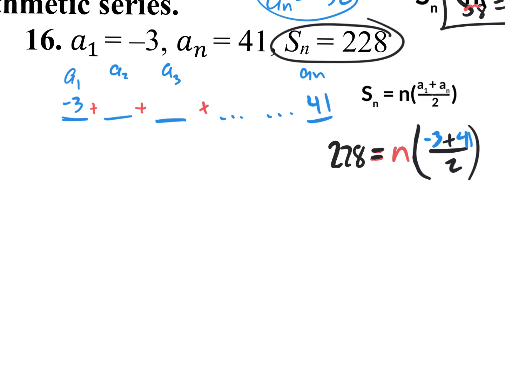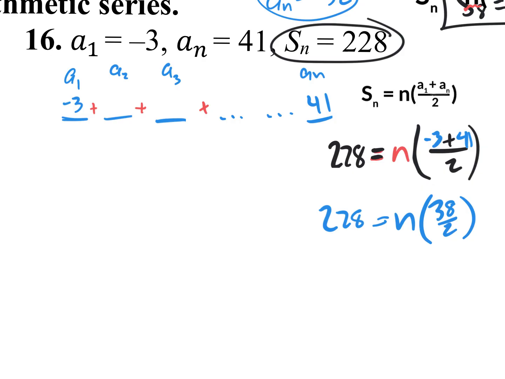So this is an equation that we could actually solve for n. What is negative 3 plus 41? That's 38. So we end up with 38 divided by 2 in parentheses with the n right here equaling 228. If you divide 38 by 2, that's 19.